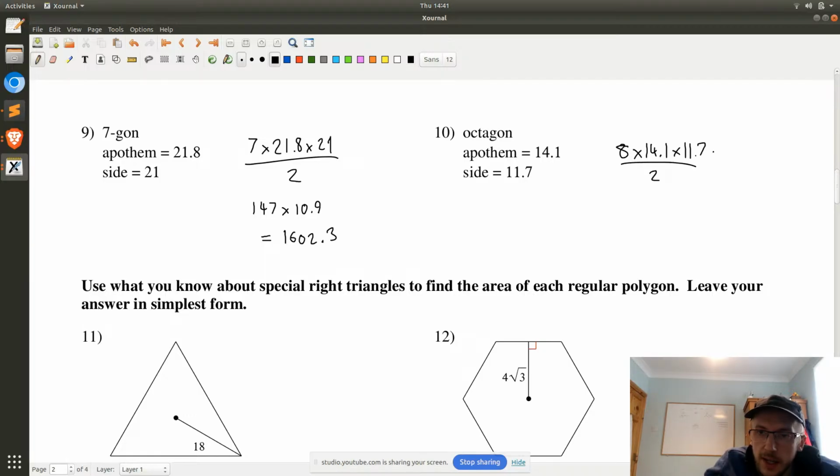So 4 times that. And now doing that calculation: 164.97.